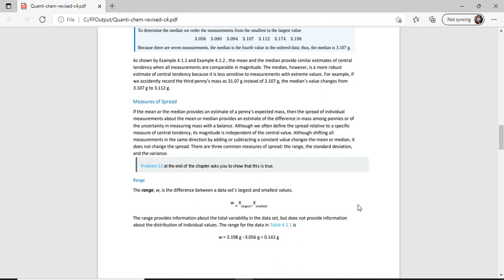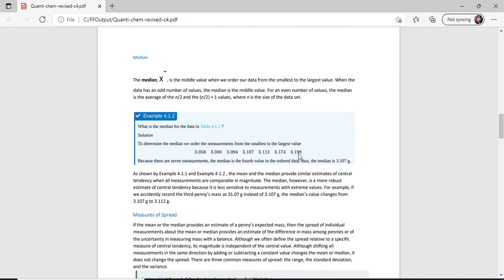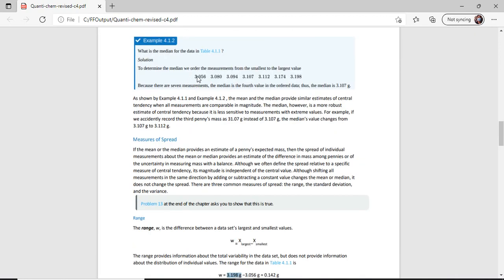The range provides information about the total variability in the data set but does not provide information about the distribution of your individual values. Therefore, the range for our sample in Table 4.1.1: we have the highest value of 3.198 grams and the lowest value of 3.056 grams.